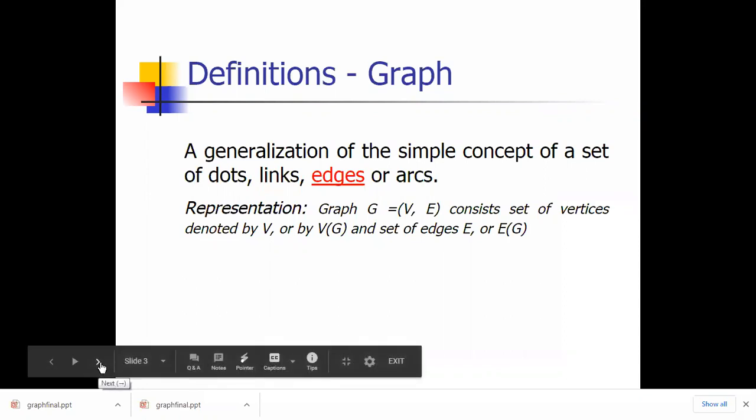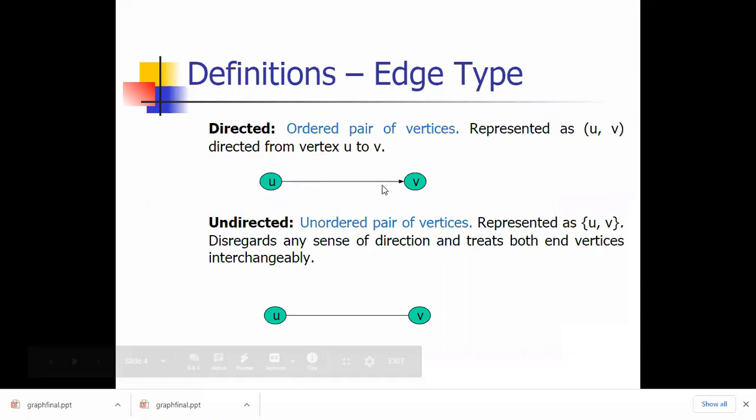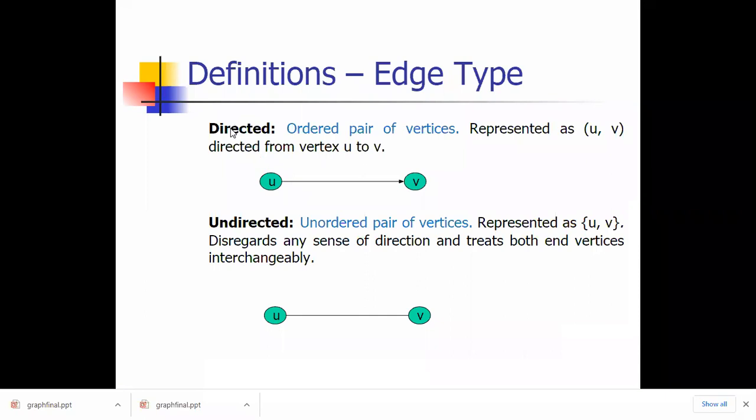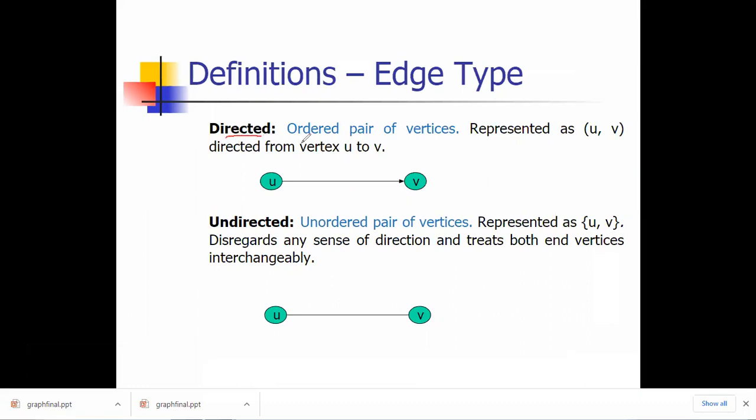So we are going to represent this part, and how we are going to represent it, that we need to see. Fine. So the different edge types are the connections between two vertices. Let's say the first edge type is directed and undirected. So what is the concept of directed here? It means direction is given in that graph. So we can say the directed graph, or the directed edges.